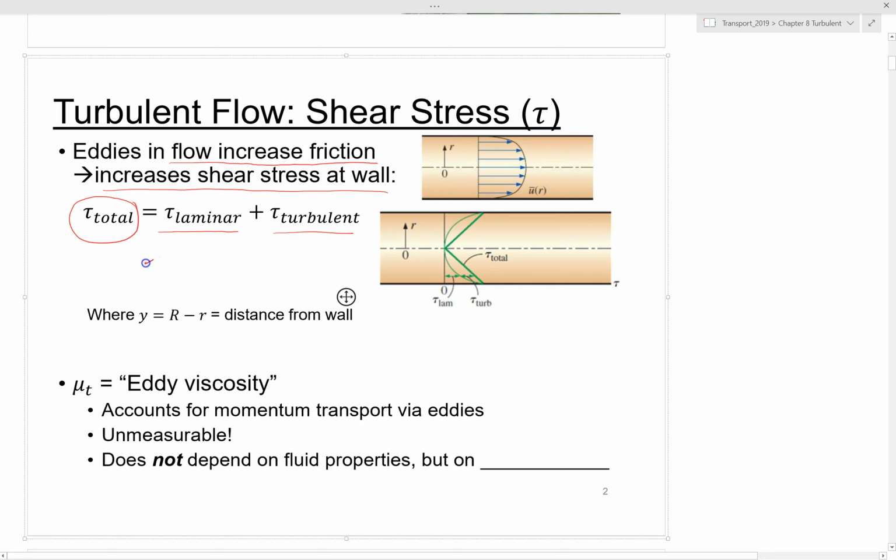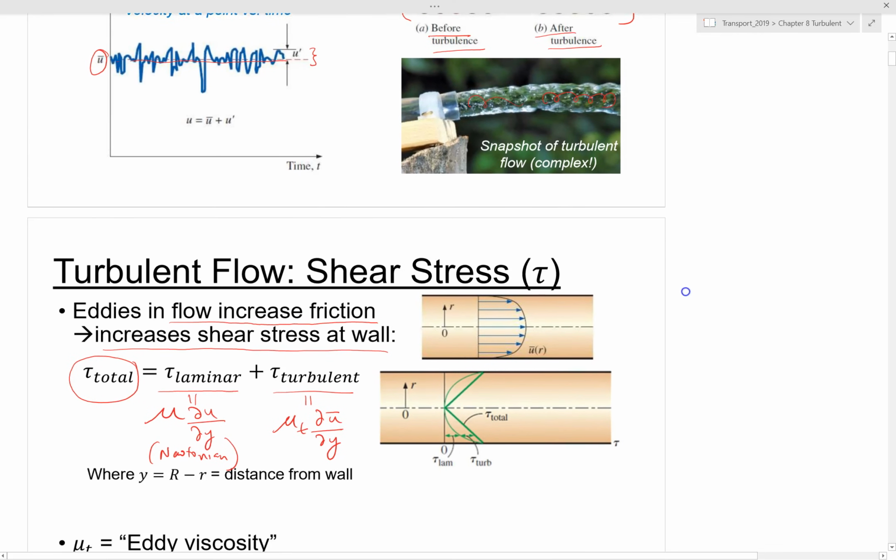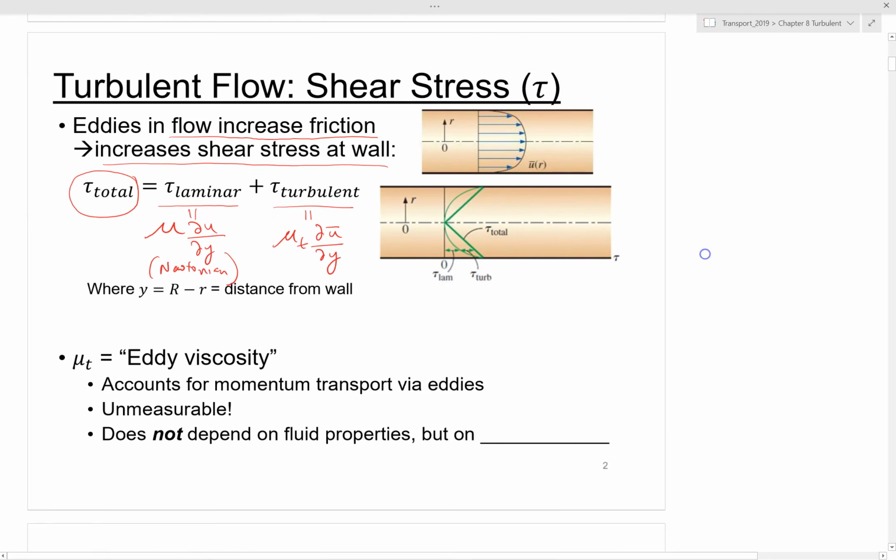Laminar would be straightforward, mu du over dy. This is Newtonian. Turbulent, you have mu t, which is the eddy viscosity, hence du bar over dy, which is essentially the mean you take. And y here is R minus r, which is the distance from the wall.